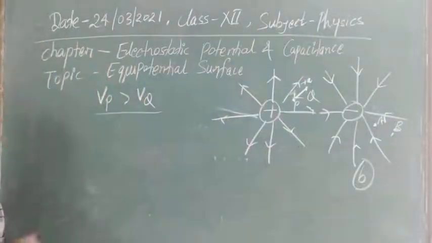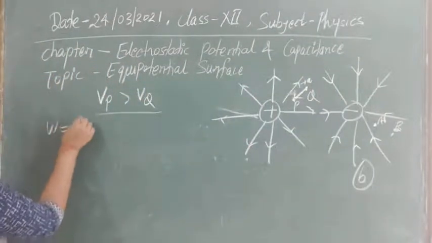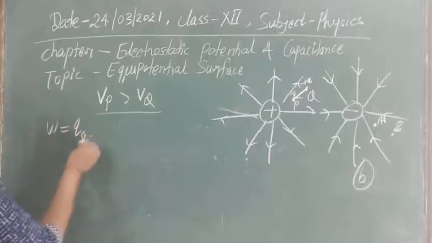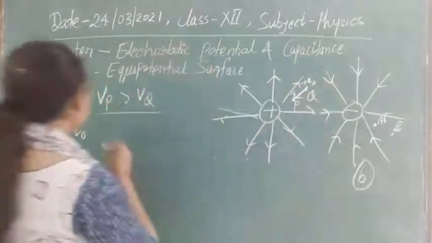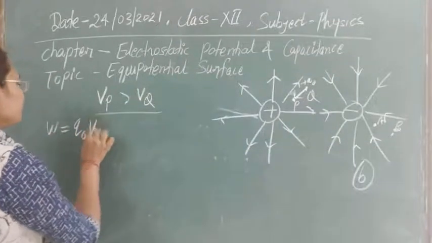So work done is defined as the charge that we are bringing, suppose plus Q0 charge, into this potential.